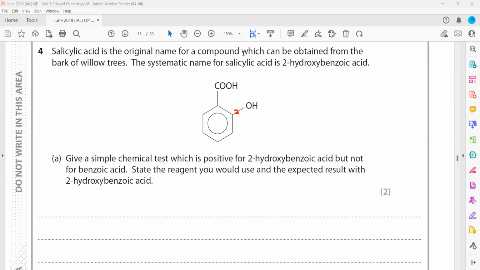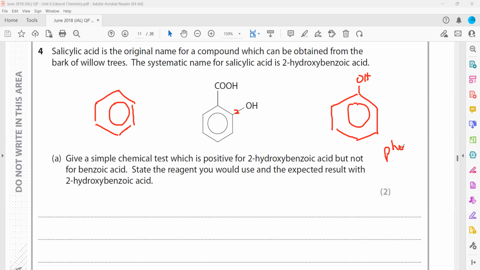But to distinguish, for example, if a compound has a benzene ring, with alternating carbon double bonds, attached with OH, how to distinguish this compound from another benzene ring? When OH is attached, that compound is also known as a phenol. So how can we distinguish a phenol from a benzene ring? We usually add Br2, aqueous bromine.